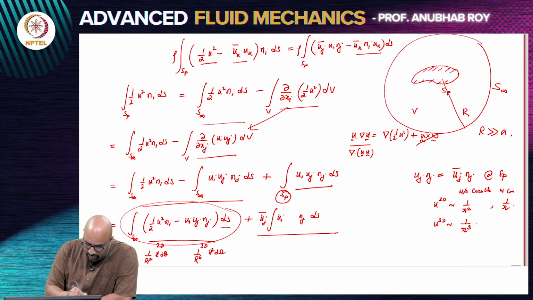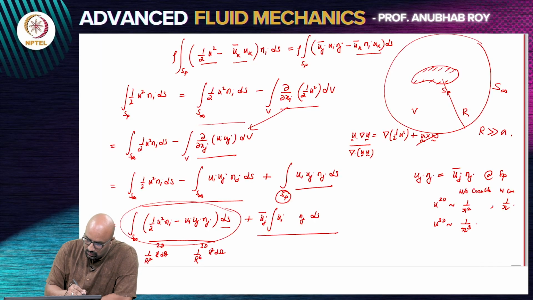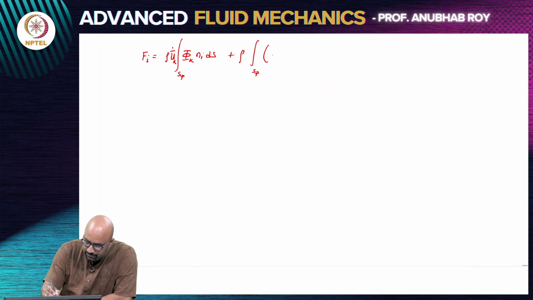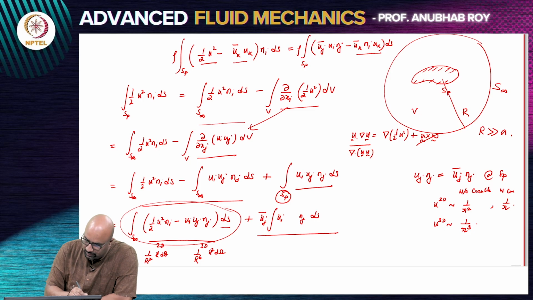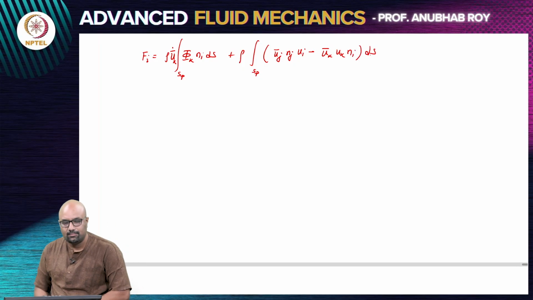And the second contribution is rho, over the surface of the body. So that can be written as ū_j n_j u_i minus ū_k u_k n_i dS.